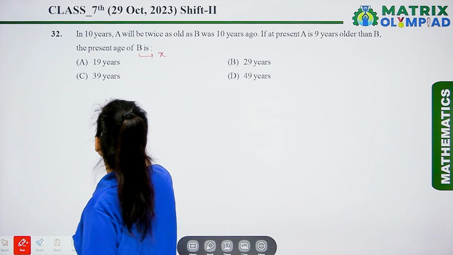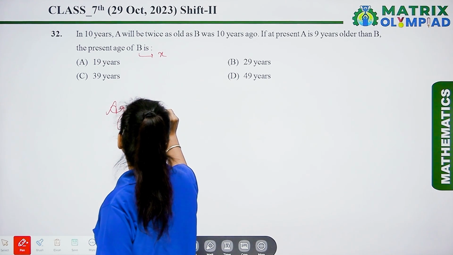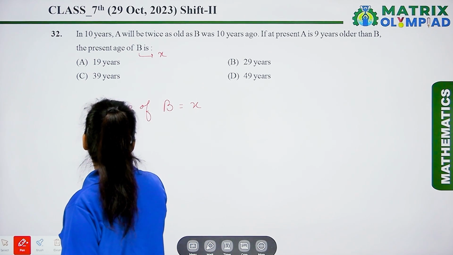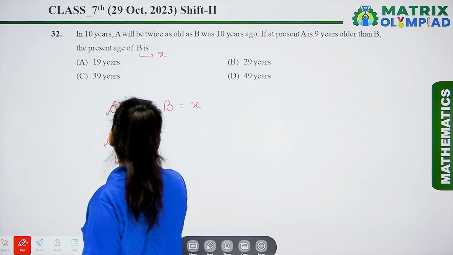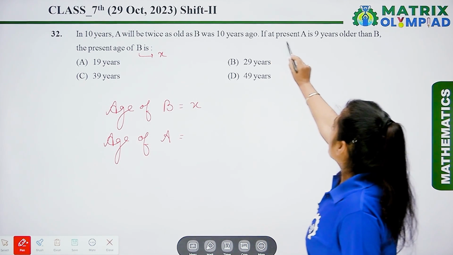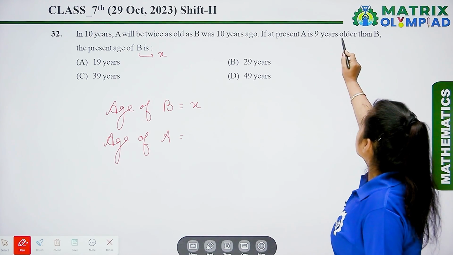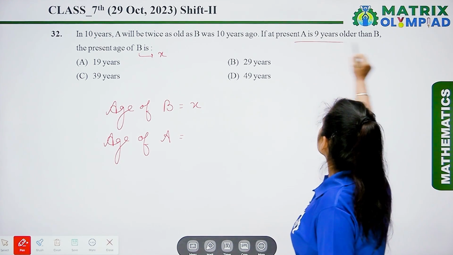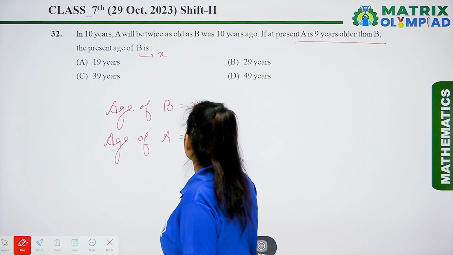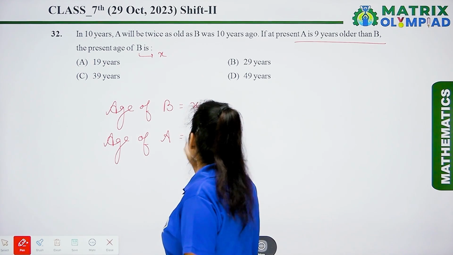So here age of B is equal to x, and if at present A is 9 years older than B, it means that age of A is x plus 9.